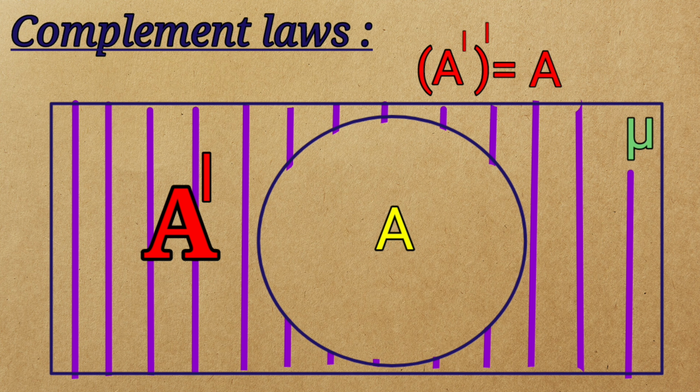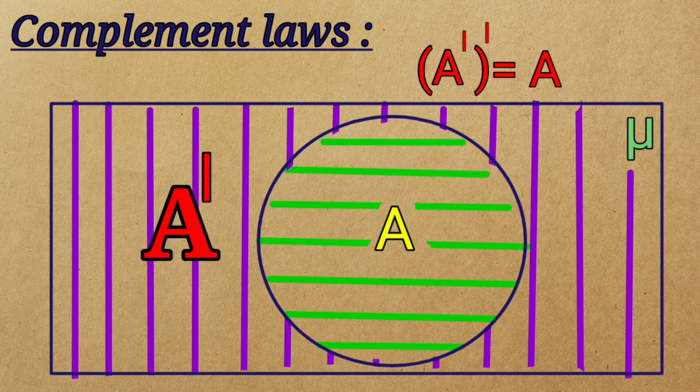Now what is the region which belongs to mu and not to A complement? It is very clear. This is the region which belongs to mu but not to A complement. It is nothing but set A. So from this we can say that A complement whole complement is equal to A.